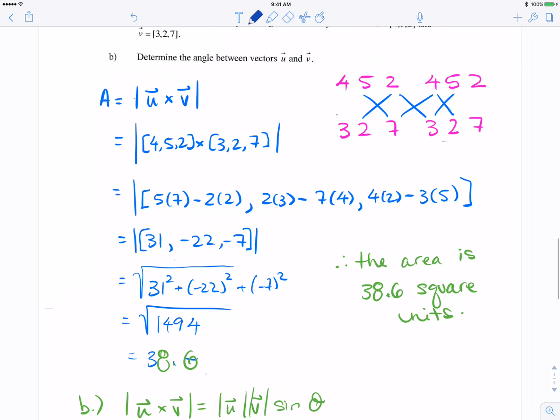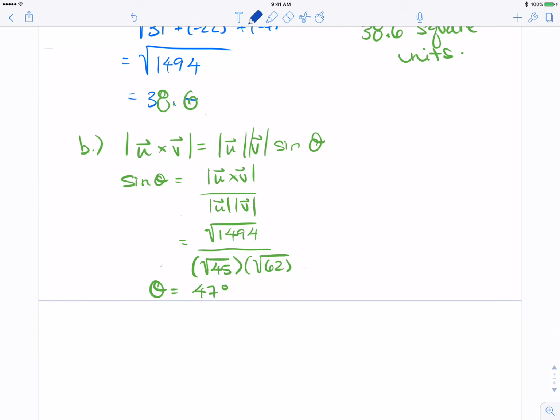So remember, u is 4, 5, 2. To find that length of u, remember, you're just square rooting the components. And that's it. So the angle between the two of them is 47. This is a really good test question. Hint, hint, nudge, nudge, cough, cough.